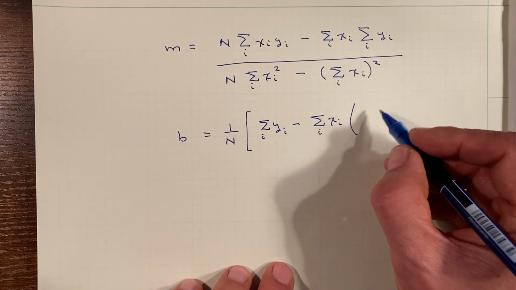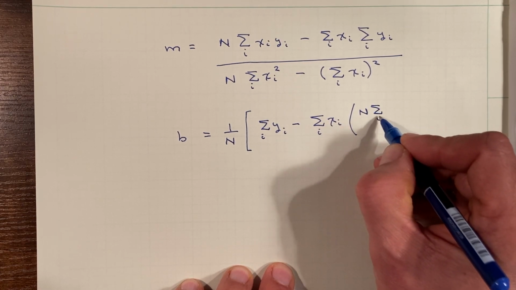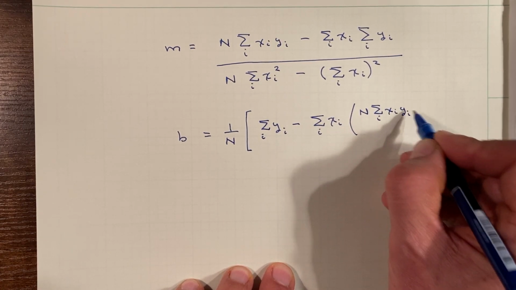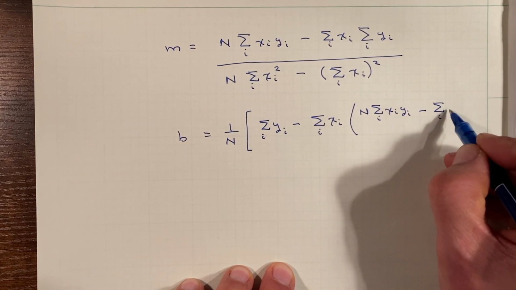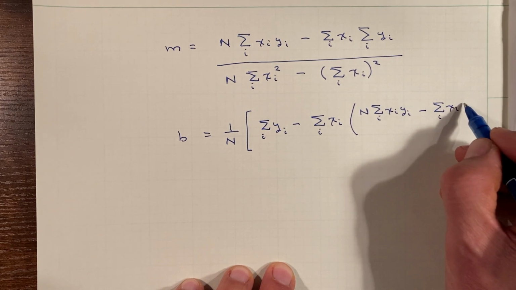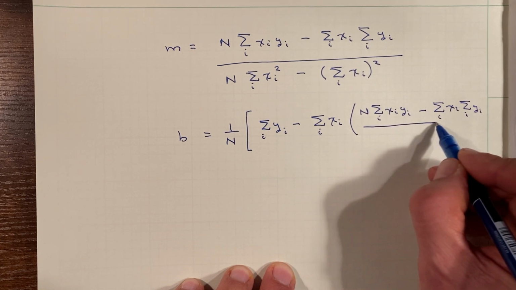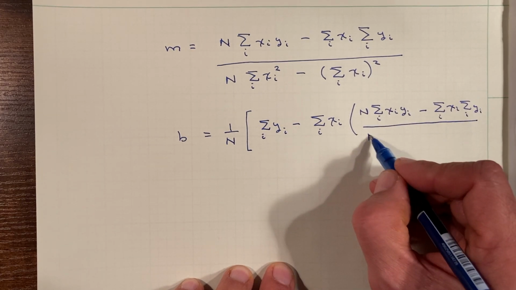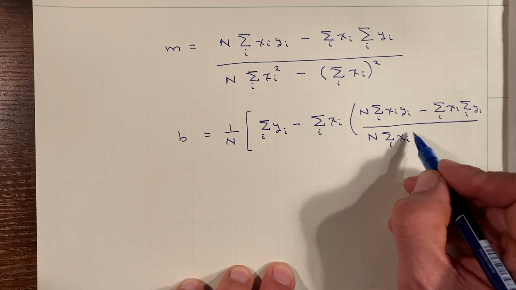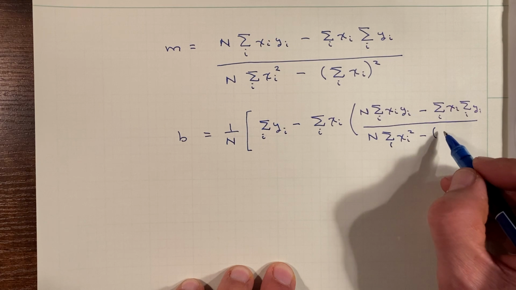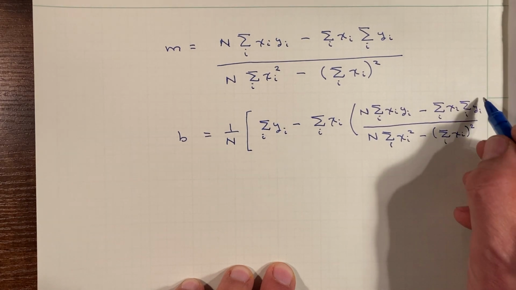And there we have n sum over i, x sub i, y sub i, minus sum over i, x sub i, sum over i, y sub i, divided by n times sum over i, little x sub i squared, minus quantity sum over i, x sub i, quantity squared.